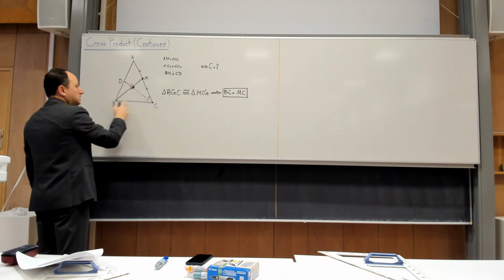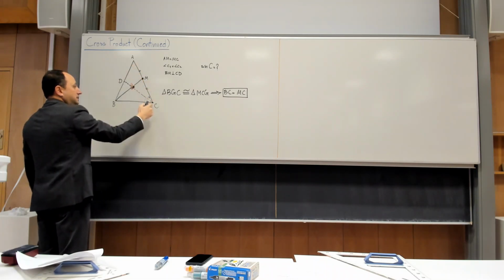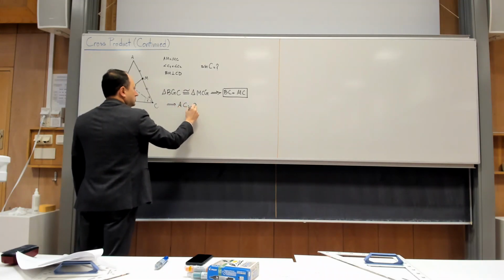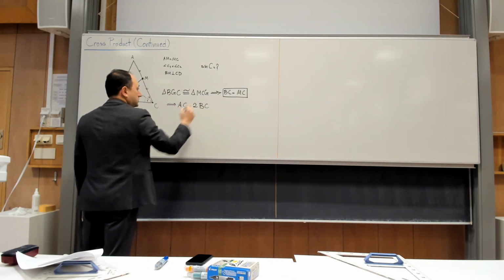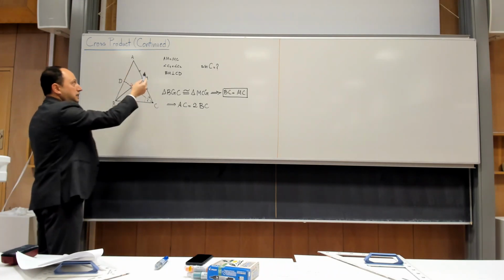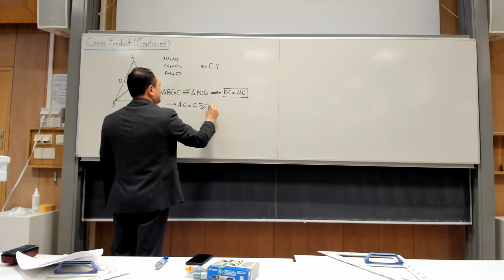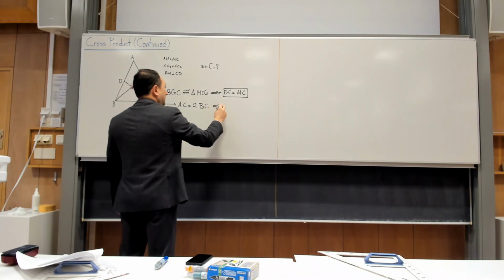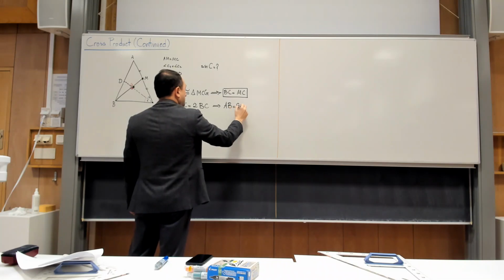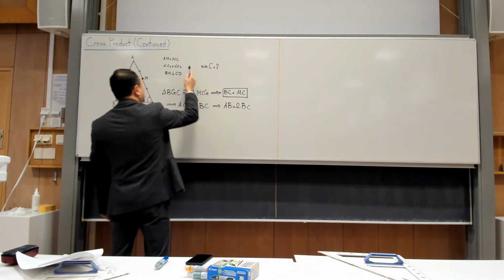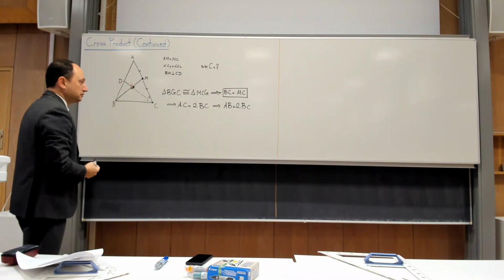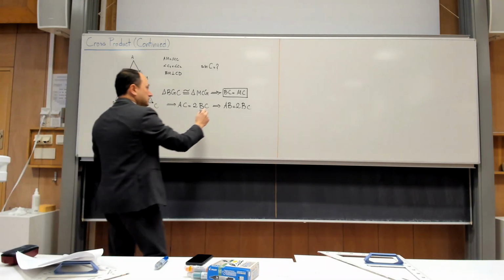So this means that AC is 2 times larger than BC. And of course, AC and AB are the same, so AB is also 2 times BC. Of course, I have forgotten to write that this is an isosceles triangle, but that is the previous problem. So this is what we get.